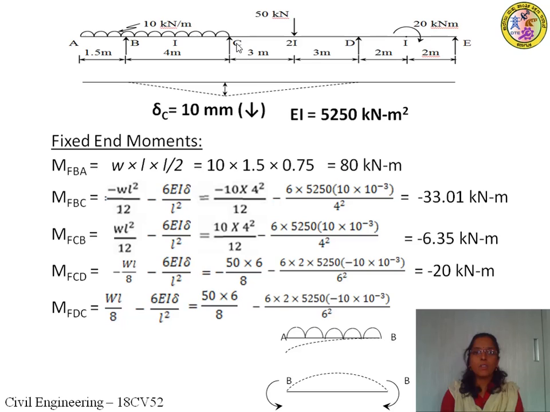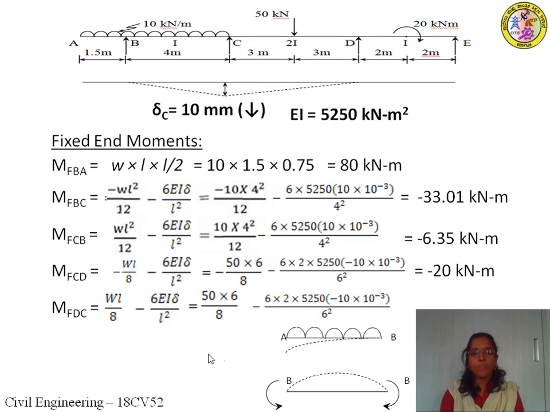It is negative for CD as well as DC, and for BC and CB it will be the same. For member BC it is positive and for member CD it is negative. That means while calculating MFBC and MFCB you have to take delta as positive, and in the case of member CD delta is negative, meaning while calculating MFCD as well as MFDC you have to take the delta value as negative.